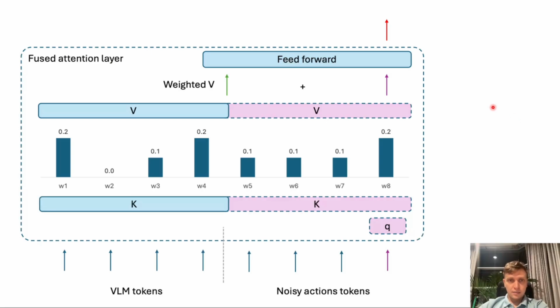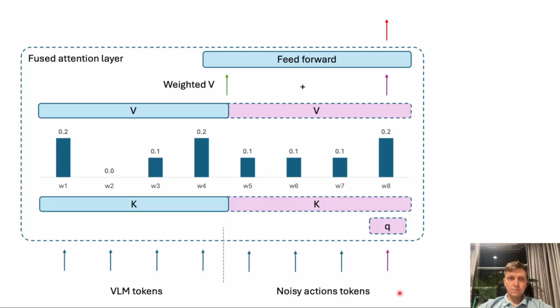The idea is that you still have two sets of tokens. One is coming from the VLM, so it can be your images and text input. Another set of tokens is noisy actions that you try to denoise using the flow matching approach.